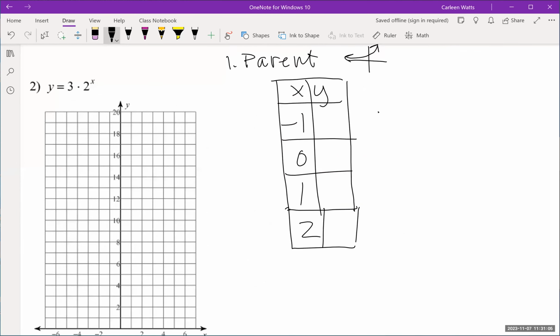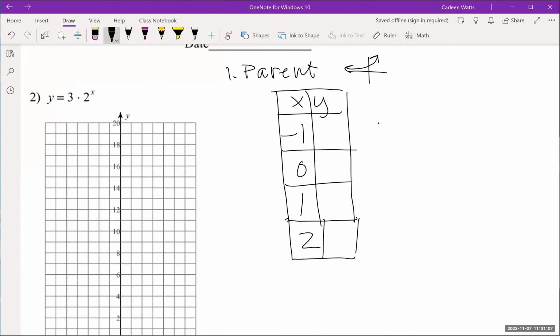Let's make a table. Oh, the parent graph should be an airplane taking off. So 3 times 2 to the -1, that's going to flip it to the bottom, 3/2, 1.5. Or use a calculator. 3 times 2 to the 0th.